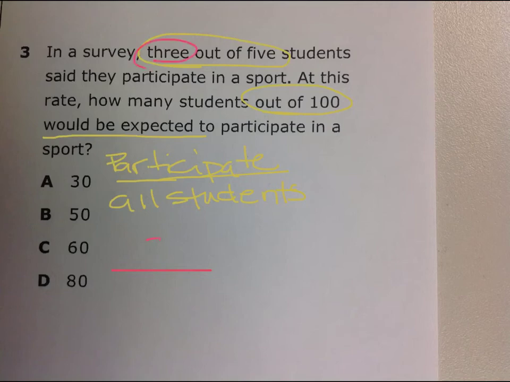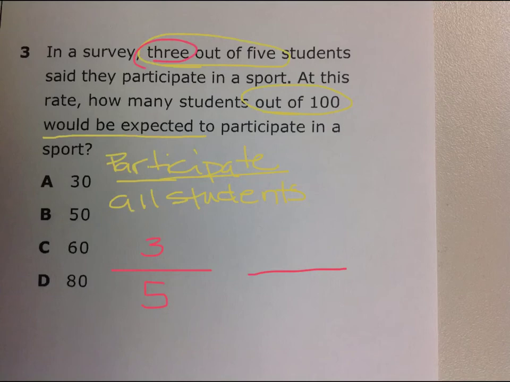That would be 3 out of 5 total students. So 3 out of 5 said they would. But obviously there's more than 5 students in a grade level, right? Or whatever it is we are trying to figure out. So we're estimating there's about 100 students. We're trying to figure out how many out of 100.